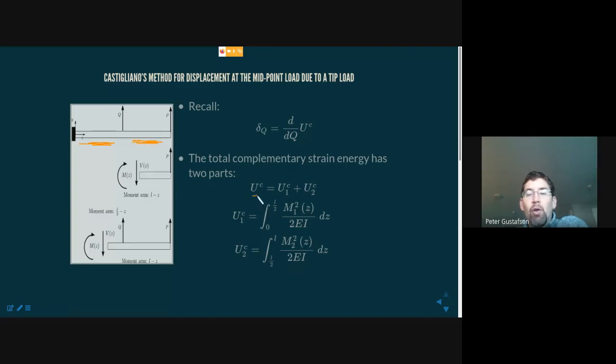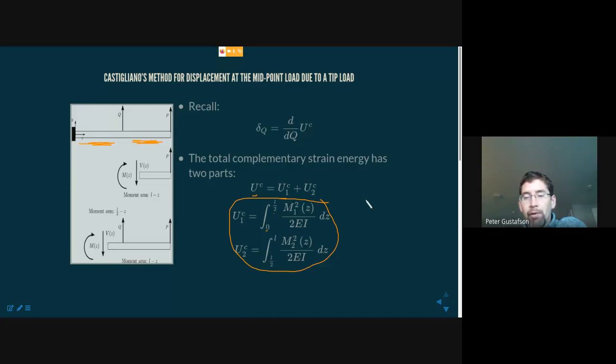And so I can say the total complementary energy is just the sum of those two energies. The first one, U1, is the integral from 0 to L over 2 of M, in this case M1. And U2 is the integral from L over 2 to the end of its moment, that is M2. In each case, those moments squared over 2EI dz. Now note, I can just go right ahead and jump to this scenario where I happen to know that the area is constant for the beam.